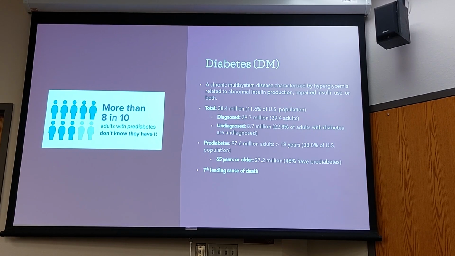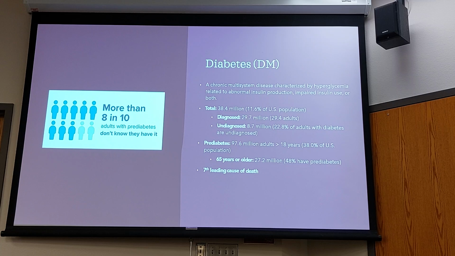Then we have pre-diabetes. That's kind of new in the last decade or so. We're talking more about pre-diabetes. People are diagnosed as pre-diabetic, which really is more like a warning sign for them to take action, right? 97.6 million adults older than 18, 38% of the population, are pre-diabetic, or considered pre-diabetic.